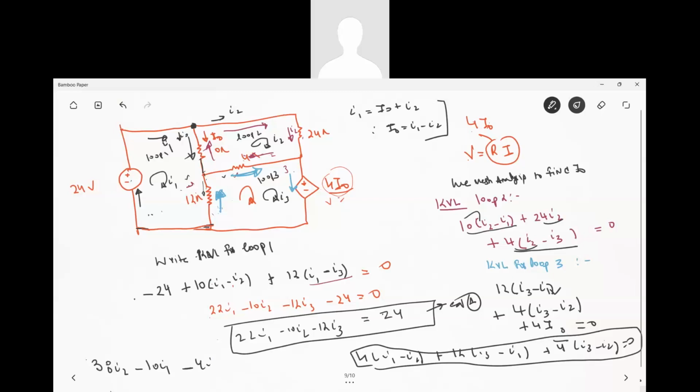This value I have equals 0. So I can write this as minus 10 I1 plus 38 I2 minus 4 I3 is equal to 0, right?